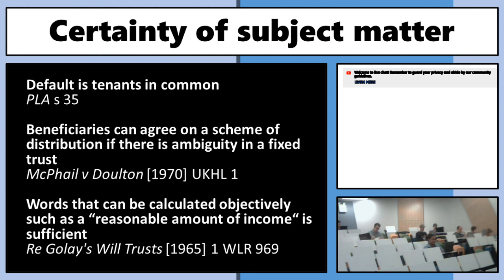And so if an instrument says something along the lines of, I give my 3 children a reasonable amount each year, the courts have actually said that that might actually be fine. And the reason it's fine is that you can actually use objective criteria to determine what a reasonable amount is.